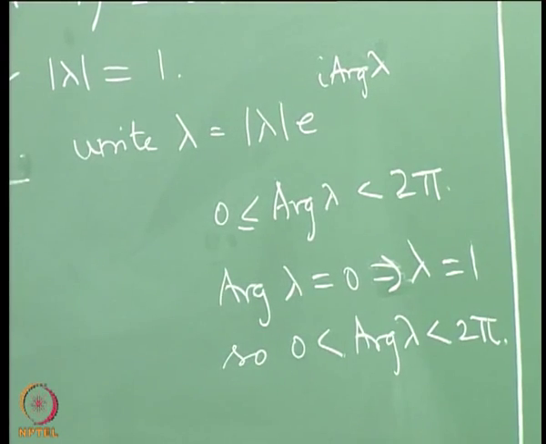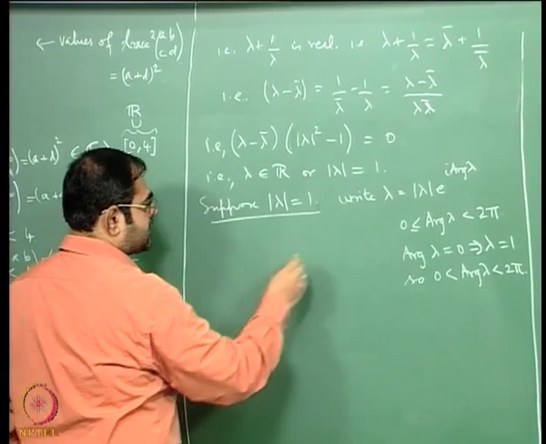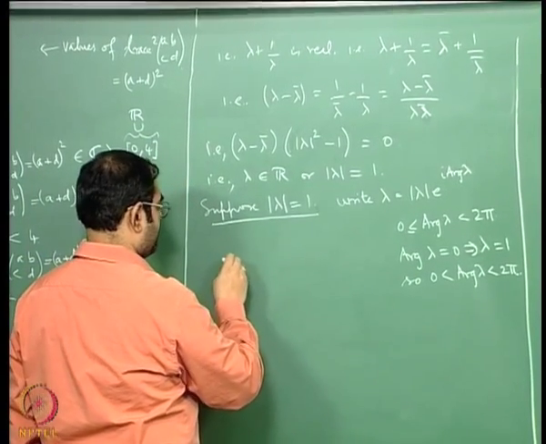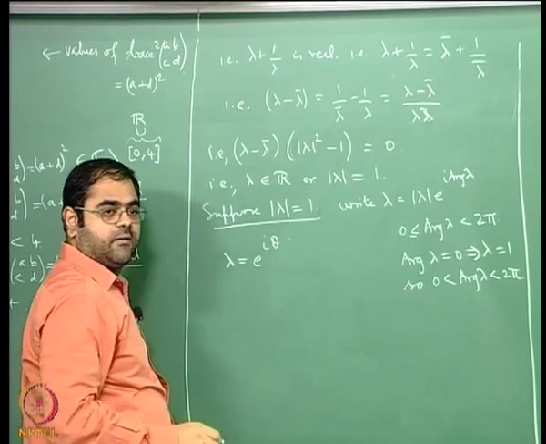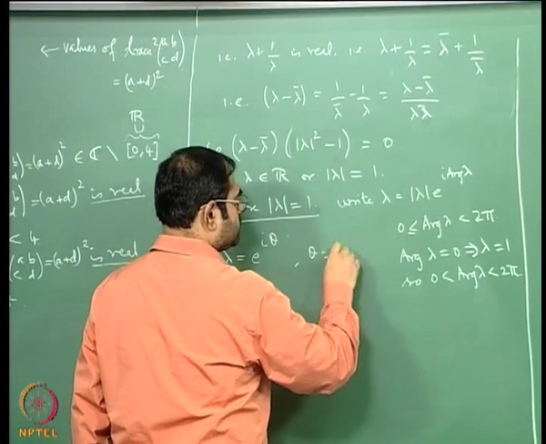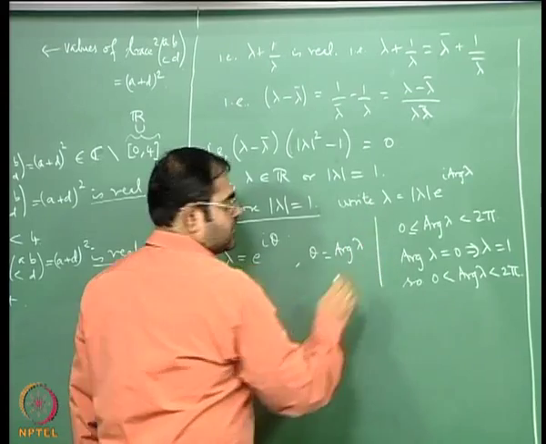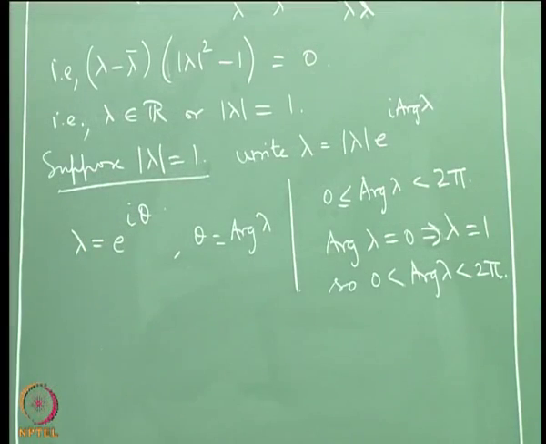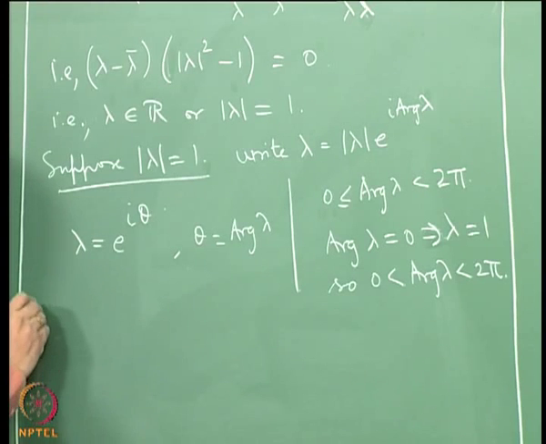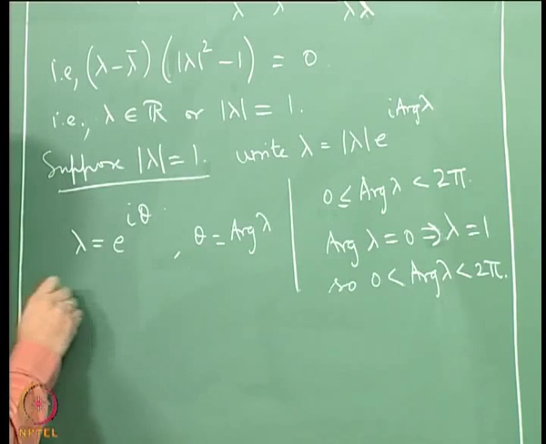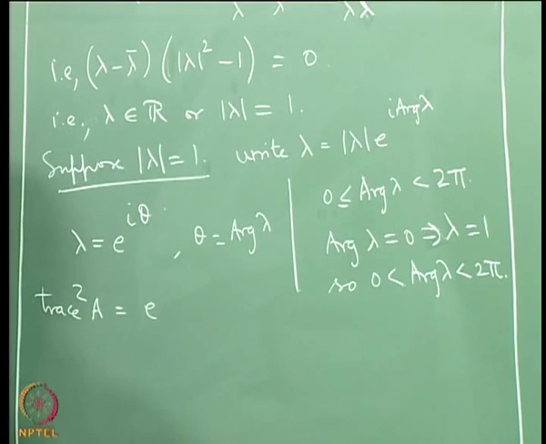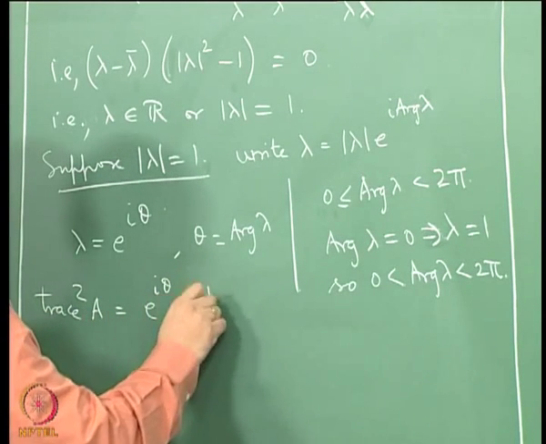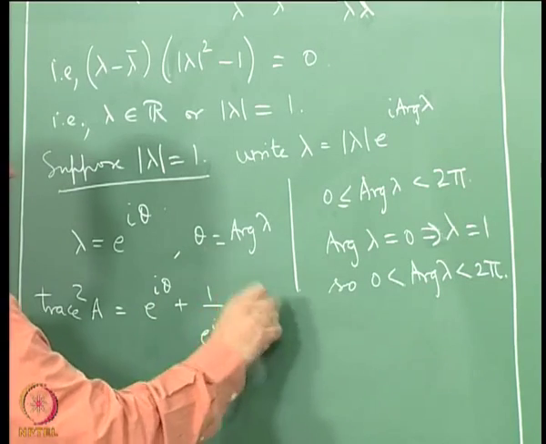So what happens? Let me write lambda as e power i theta, where theta is argument of lambda. So I am in this case, and look at that quantity. Trace squared A is just e power i theta plus 1 by e power i theta plus 2.